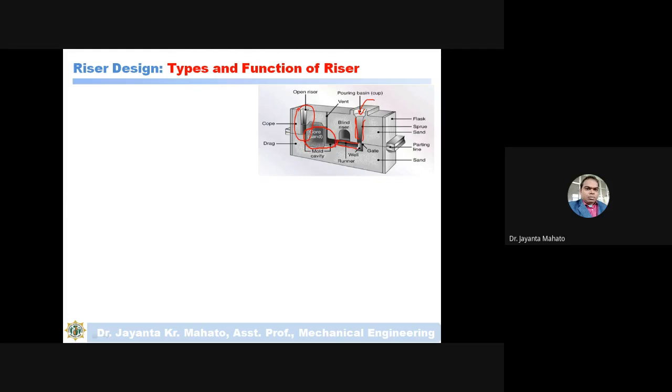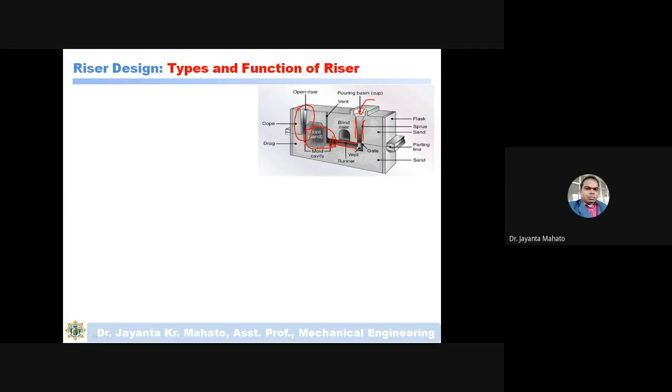This one is the mold cavity, and molten metal enters the mold cavity through the gate. One vent is used to remove the gases which are formed due to the molten material.